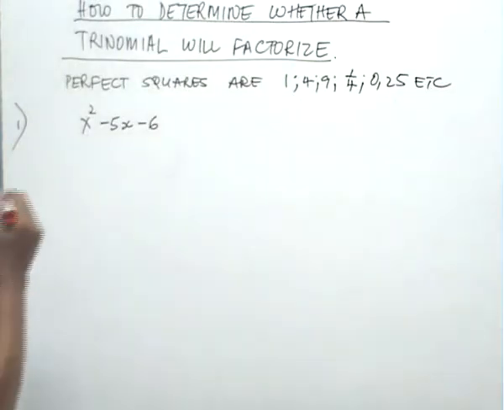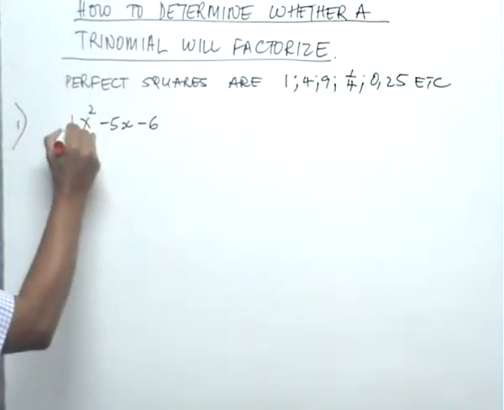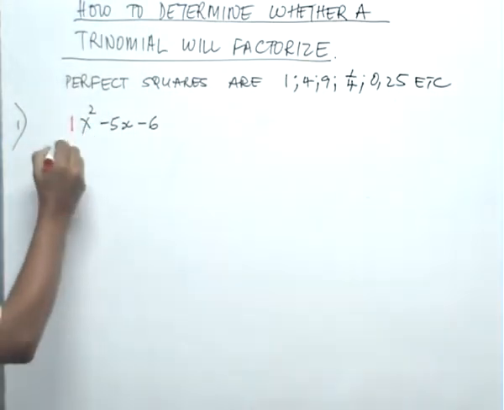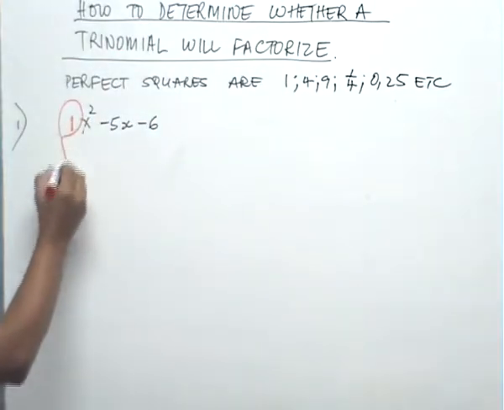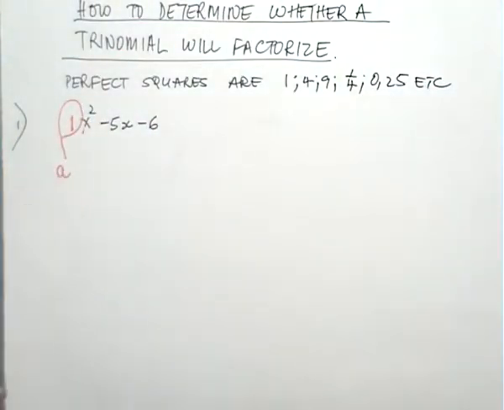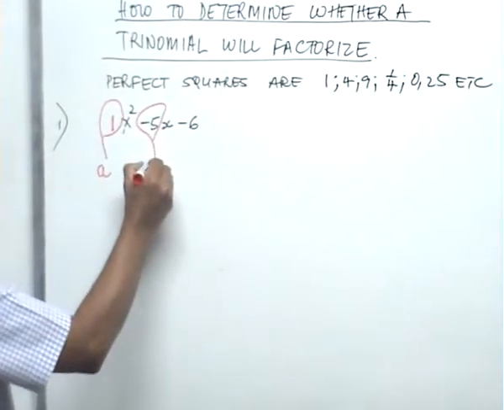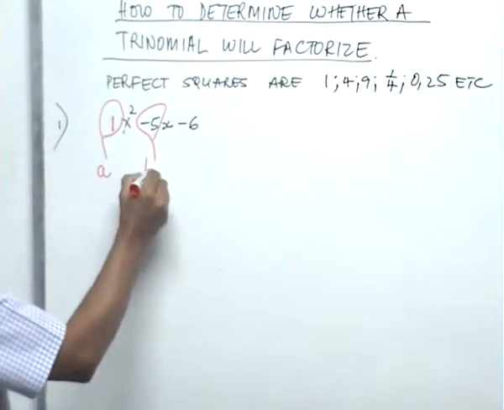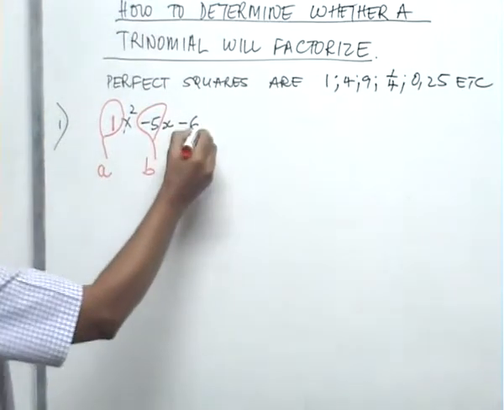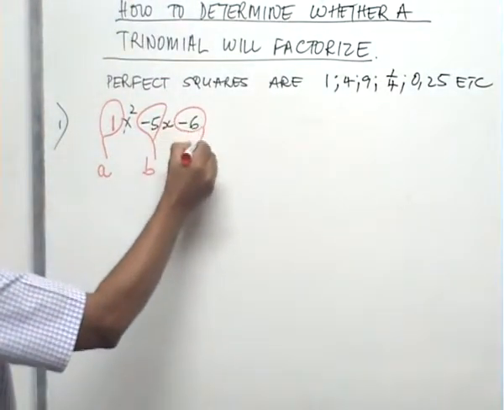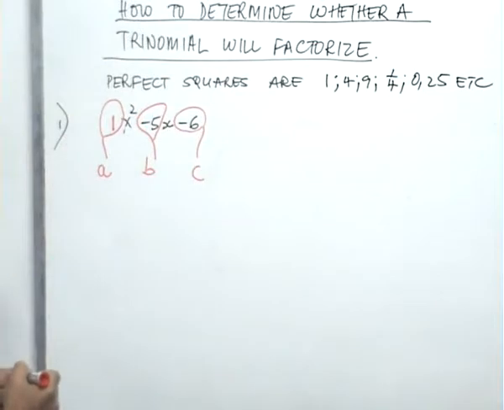There's a number 1 that is understood here. And secondly, this number here is called A in maths. Then this number here happens to be minus 5 and it is called B. And this number here is called C.